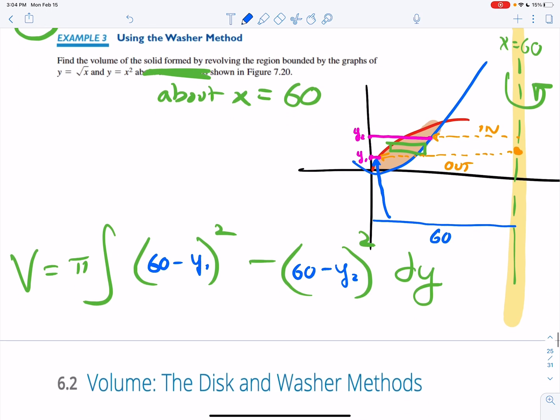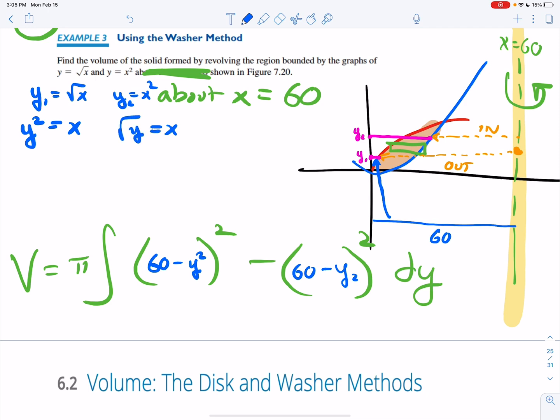But here's the thing. Everything has to be in terms of y. So y1 in terms of y is really x equals y squared. Okay? Y equals x squared, which is our y2, right? So x is really the square root of y.